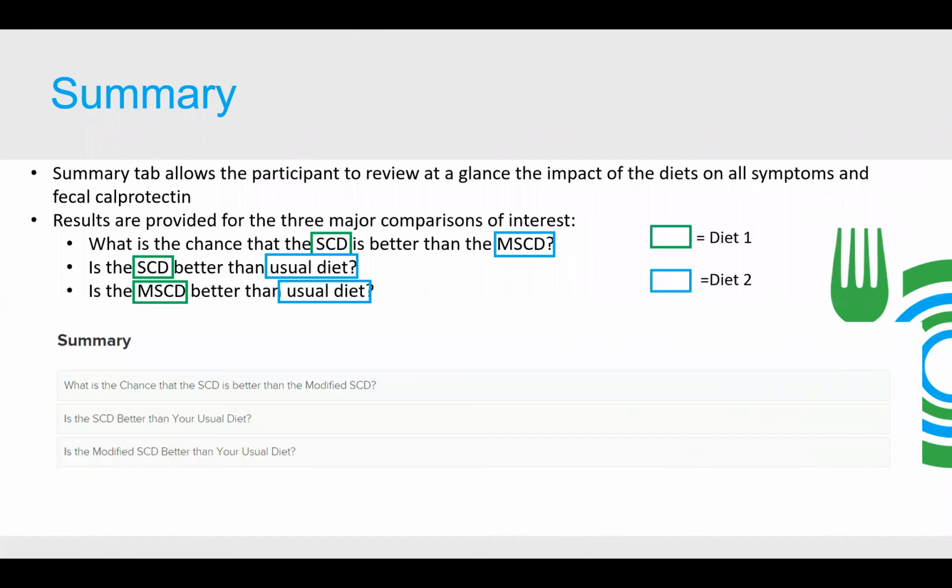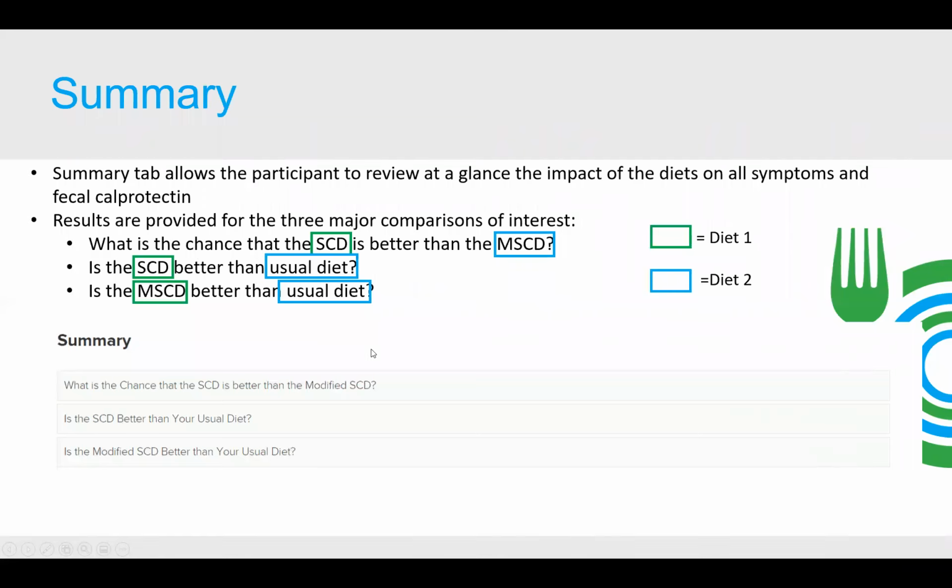And again, it's going to look the same for when I go through the results. However this is set up, it's going to compare diet 1 to diet 2. So in that first comparison, SCD is diet 1 versus MSCD is diet 2. In the second comparison, SCD is diet 1 and usual diet is diet 2.